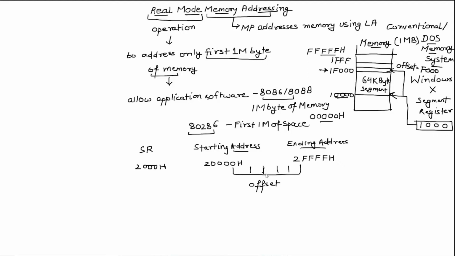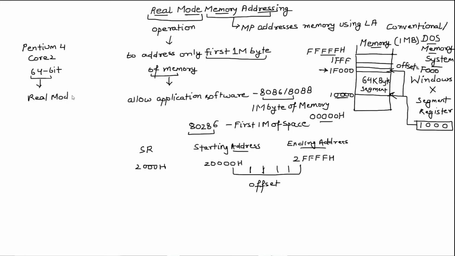One important thing to know about real mode memory addressing is that for DOS applications, even if we have a processor which is not 8086, let's say a Pentium 4 processor, or a Core 2 processor which operates in 64-bit mode, the 64-bit mode cannot operate in real mode.